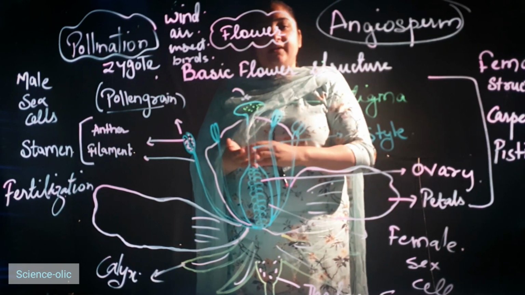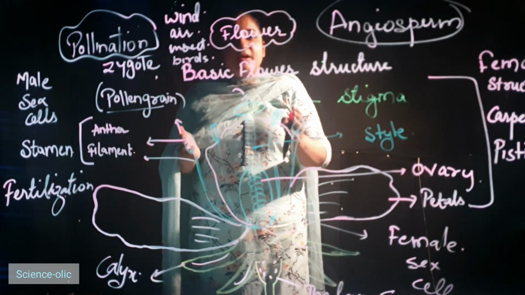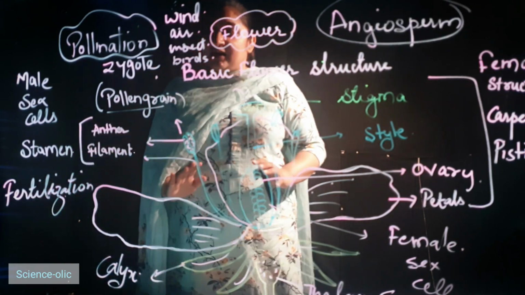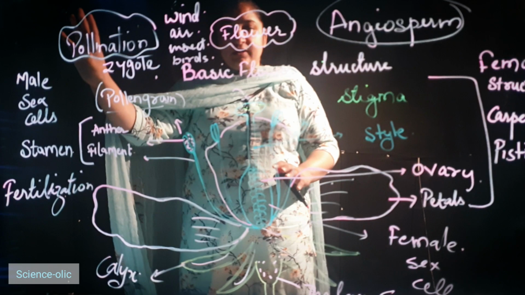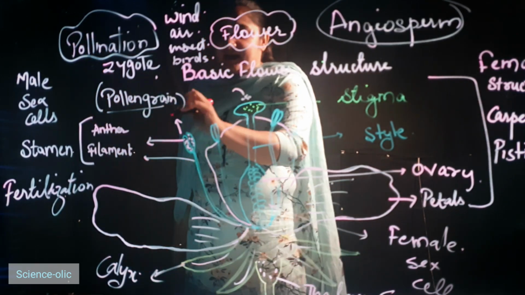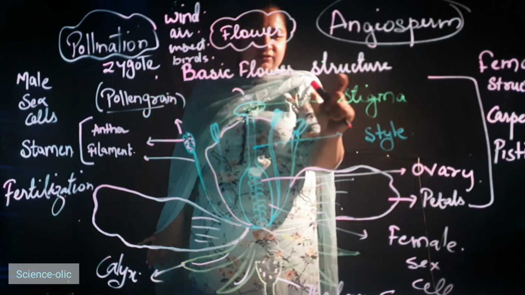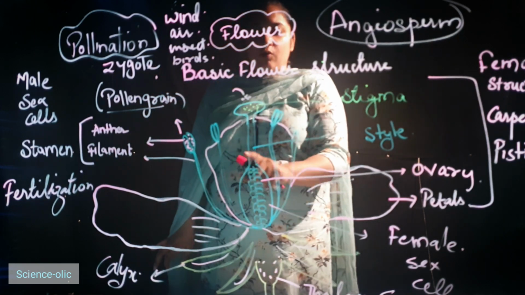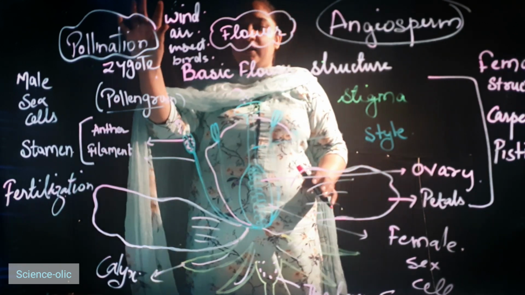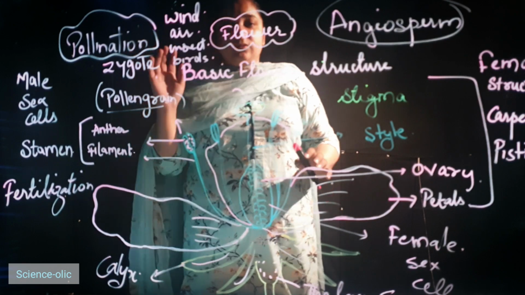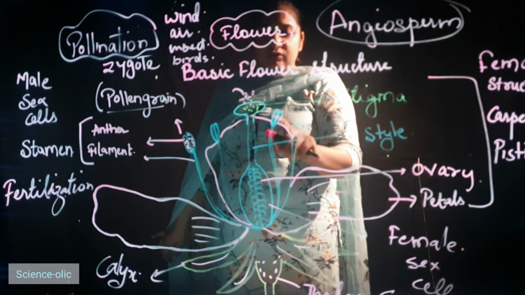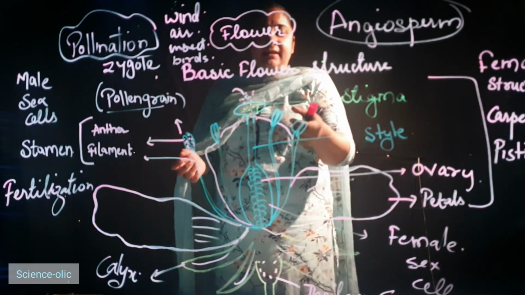There are agents: wind, air, insects, birds. When there is a lot of wind blowing, these pollens, loosely bound to the flower, detach and move to another flower, attach to its stigma, move down to the ovary, mate with the central cells, and form the zygote.